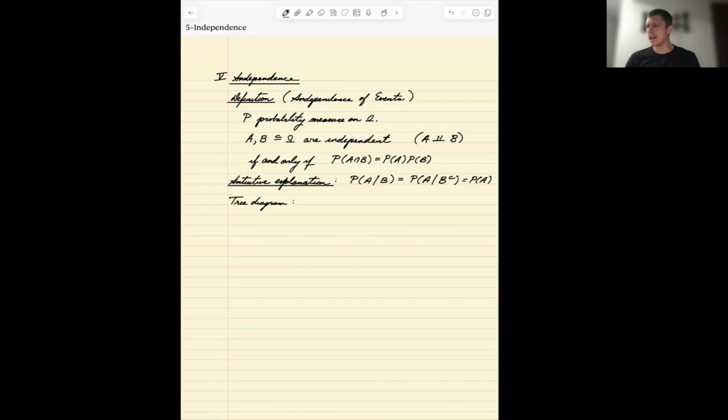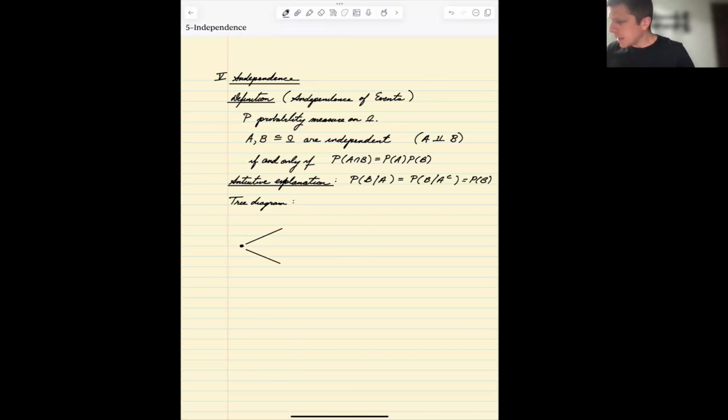Okay, so let's think about how we might think about this as a tree diagram. Just for consistency, let me write this as B given A complement, and B. It doesn't change anything; I'm just switching around the A's and the B's because that's how it's going to look here. One way to compute with conditional probability when you're having difficulty conceptualizing is to draw a tree diagram.